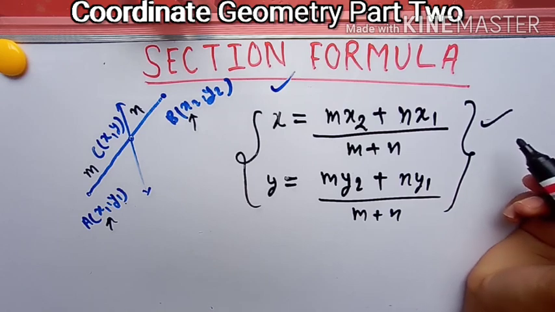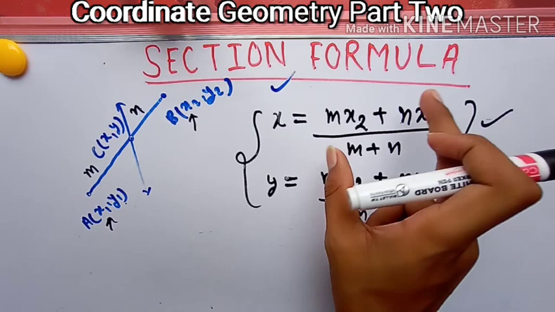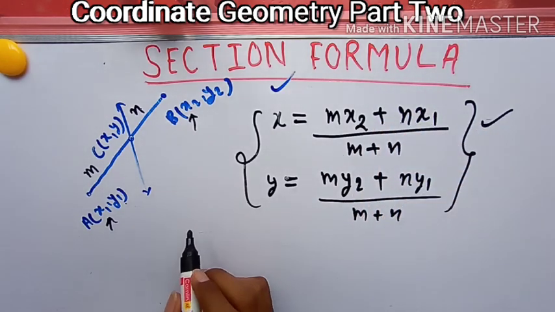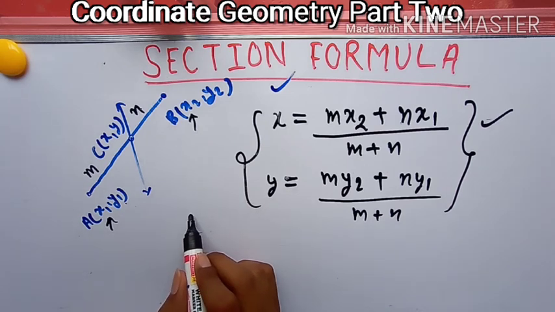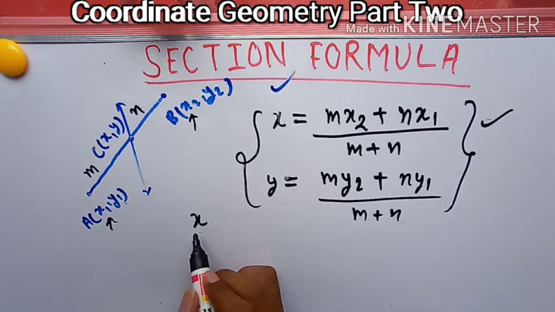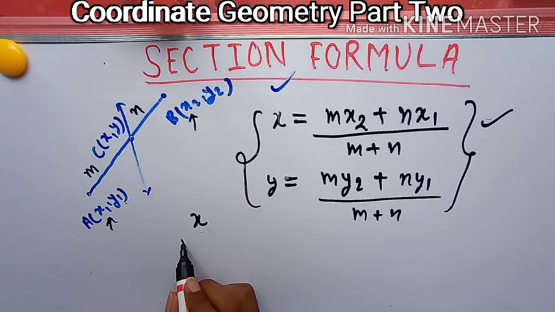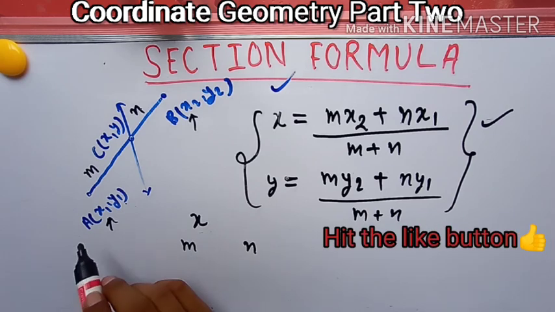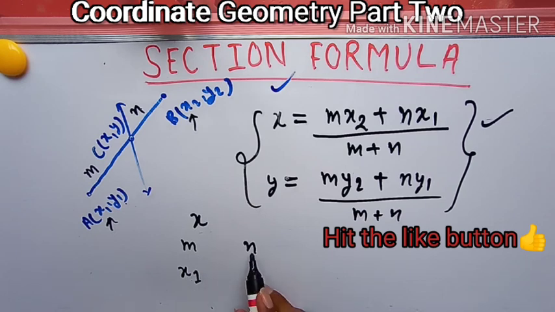Understand? So for writing this formula, let me tell you a simple trick. Okay, please pay attention. This is x, you have to find. Now write the value of m and n in this way. Now for finding the value of x, you have to choose the coordinate of x only, meaning you have to choose the abscissa of A point and B point. So look, this one is x1 and this is what?